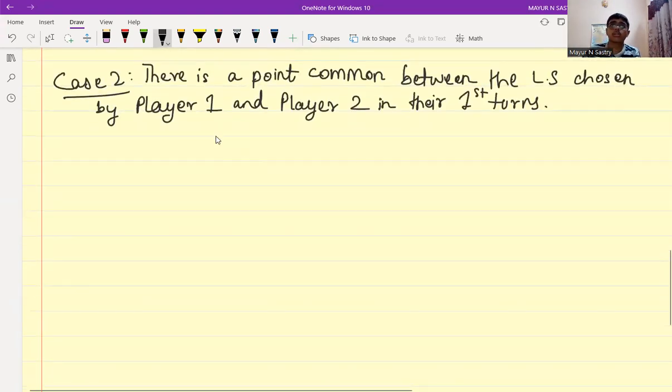So again, the first player, I'll say, chooses AB.